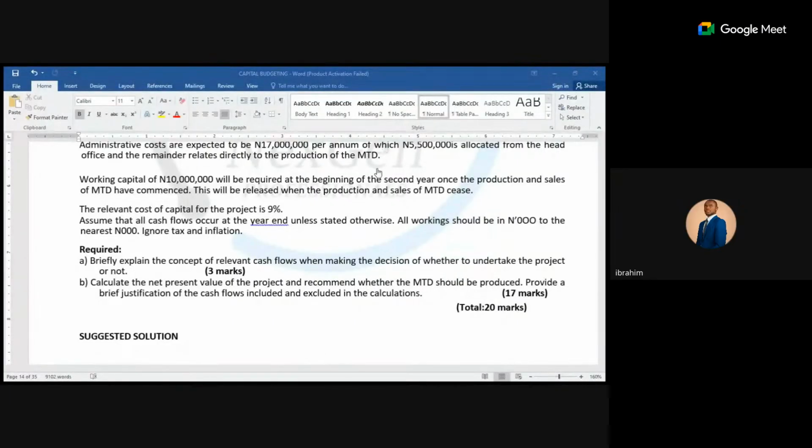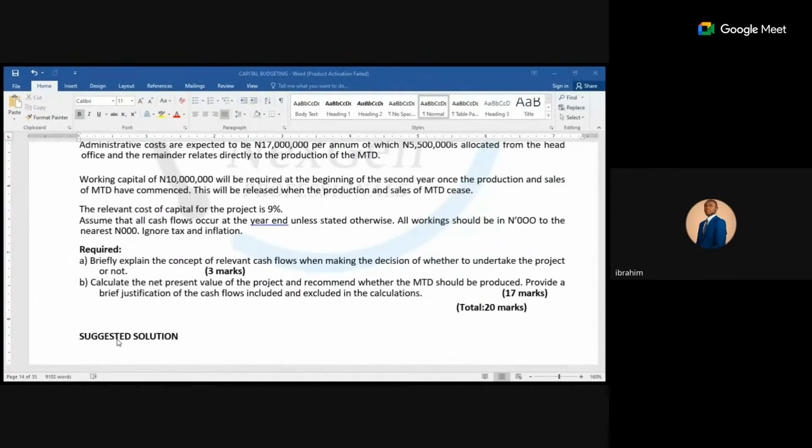Hello, sir. Yeah. Sorry, the question A. They said briefly explain the concept of relevant cash flow. You are talking about sunk cost, but sunk cost is not relevant. Okay, thank you. Thanks for the correction. So talk about the cash flow that is relevant.